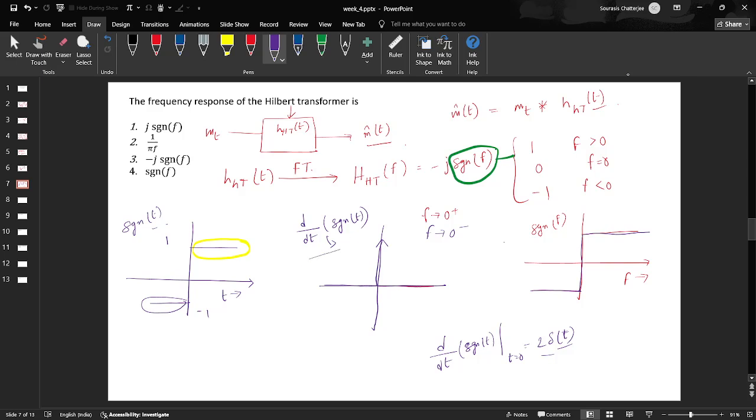So essentially this is what it's going to be. It turns out d dt of sin t I can claim as 2 delta t, because for any value t not equal to 0, it's 0 essentially. So this is what its expression is going to be.